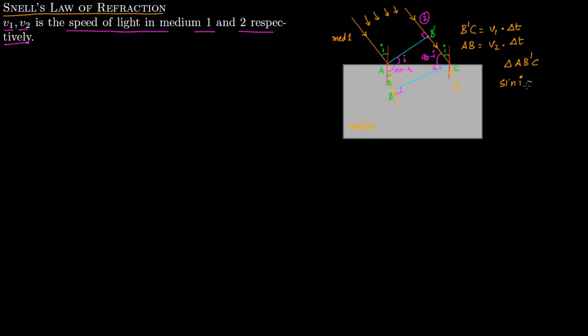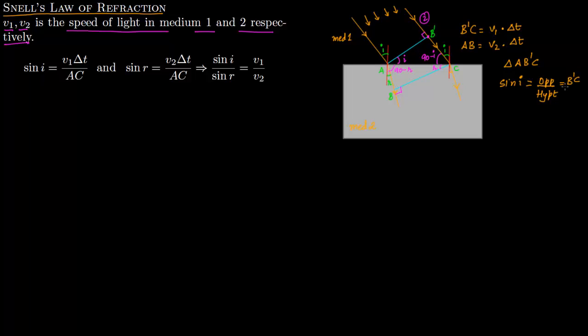In the triangle AB prime C, sine of I is equal to opposite side over hypotenuse. Opposite side in this triangle is B prime C, hypotenuse is AC. So you have sine of I is equal to B prime C, which is V1 times delta t, divided by AC.